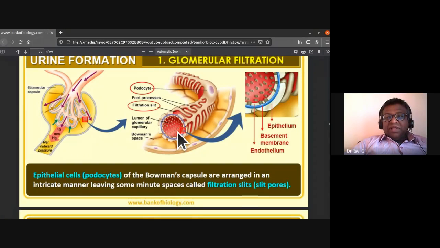Can you notice these spaces? That is what you notice in the epithelial cells of the Bowman's capsule. They are arranged in an intricate manner, leaving minute spaces that we call filtration slits or slit pores.